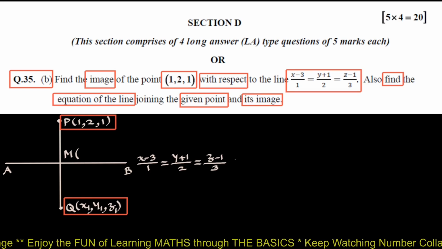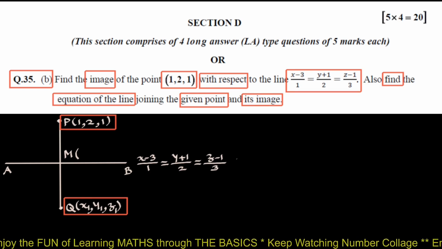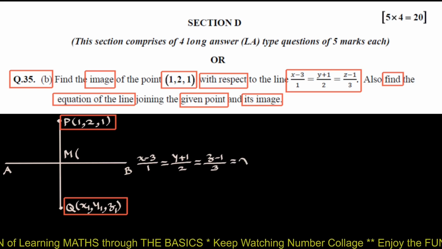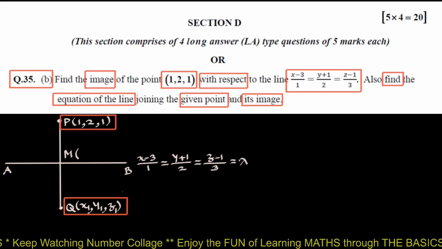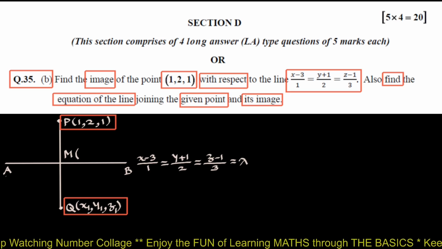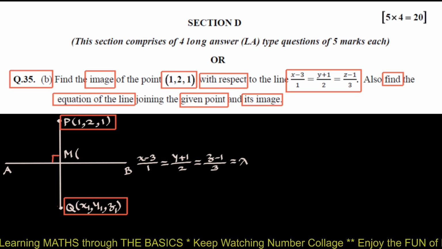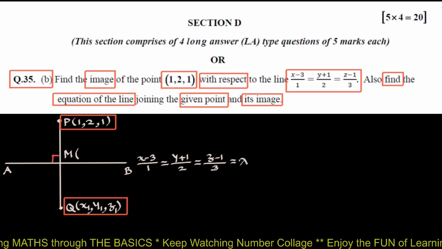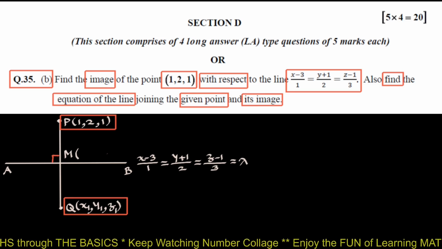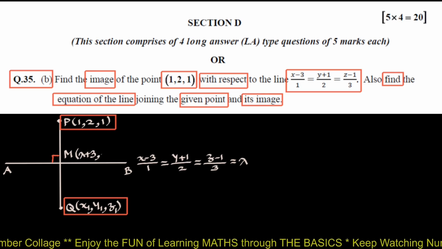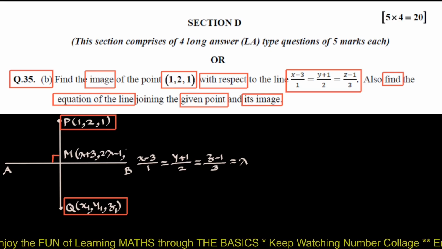We assume each ratio in the equation of line AB to be a constant lambda, and we know that every point on line AB, such as the foot of the perpendicular of segment PQ on segment AB, will be of the type lambda plus 3, 2 lambda minus 1, 3 lambda plus 1.